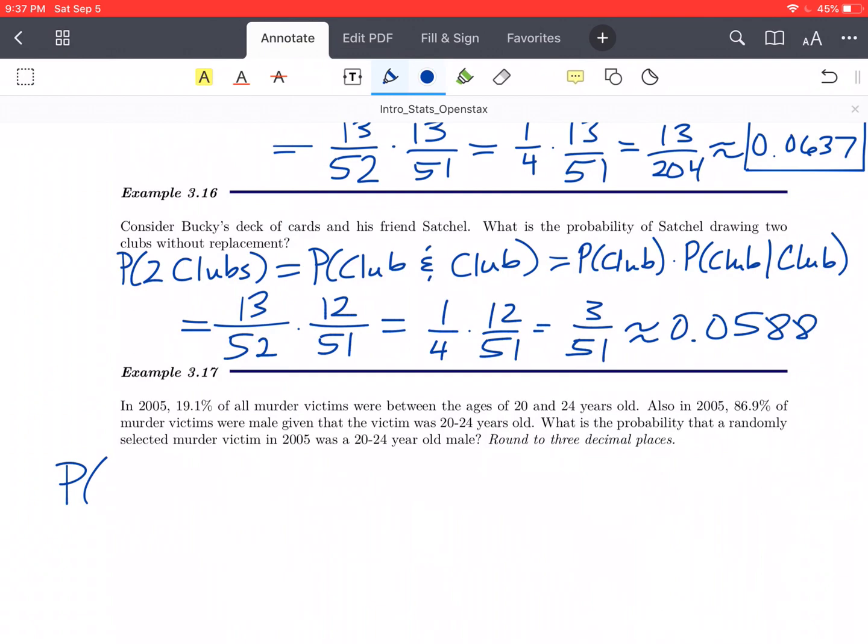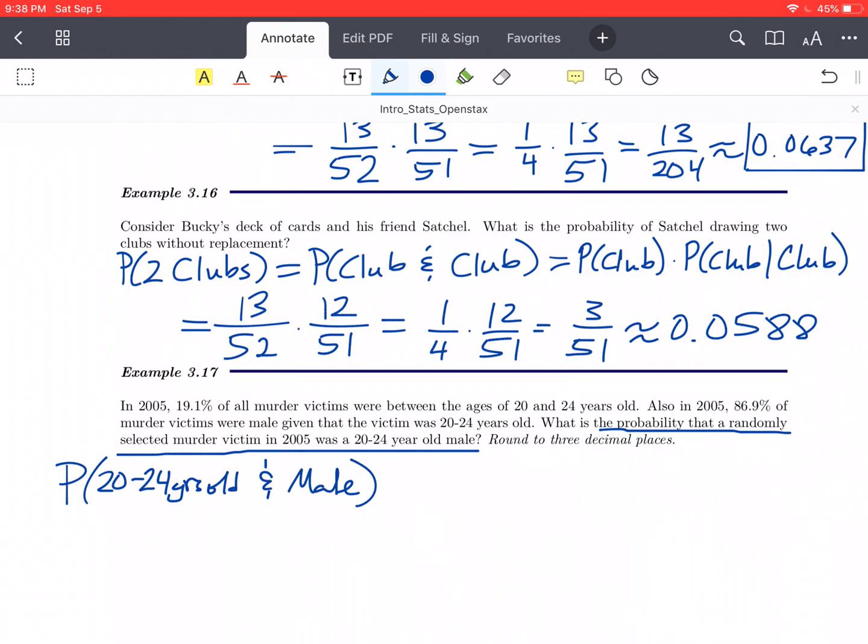So we are looking for the probability that a randomly selected murder victim in 2005 was 20 to 24 years old and male. Okay, so again, if we say a 20 to 24-year-old male, read it as an and statement. So 20 to 24 years old and male.